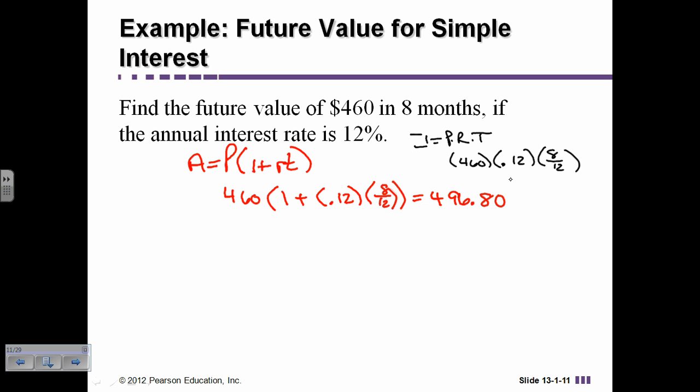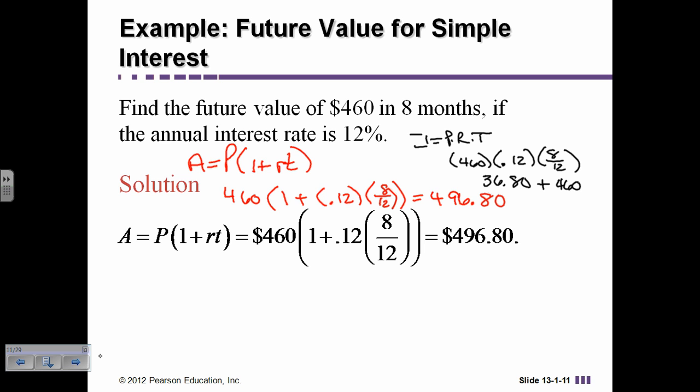And if I put that in my calculator, I would get 36.80. And then I would add that to the amount that I borrowed, 460, and that's where I get that 496.80. Okay, so that's all we're talking about there.